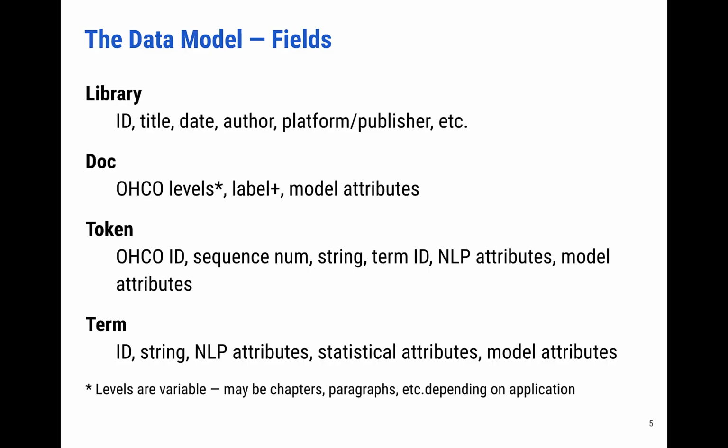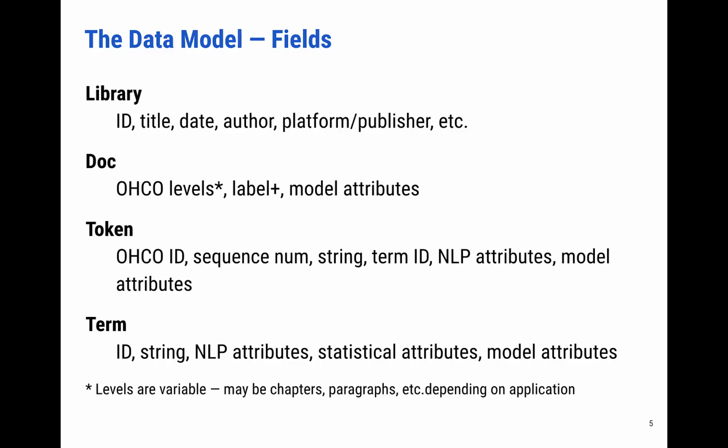Then we have the term table, which consists of a unique ID for each term, a normalized string for that term, and also NLP attributes in addition to those of the token. And we'll get into the distinction between NLP attributes when they apply to the token versus when they apply to the term. More common in the term table are statistical attributes such as the frequency of a term, or its inverse document frequency, or its entropy, or things of that nature.